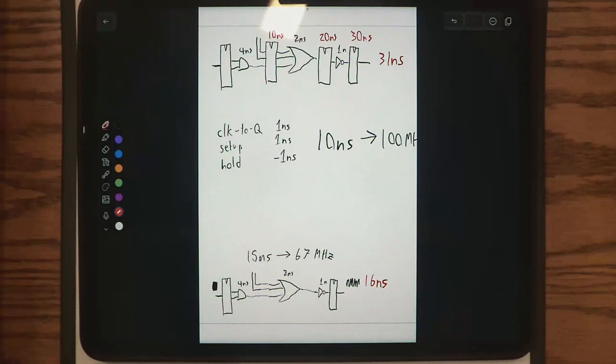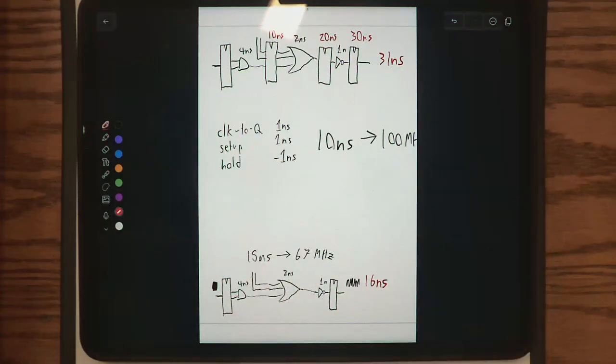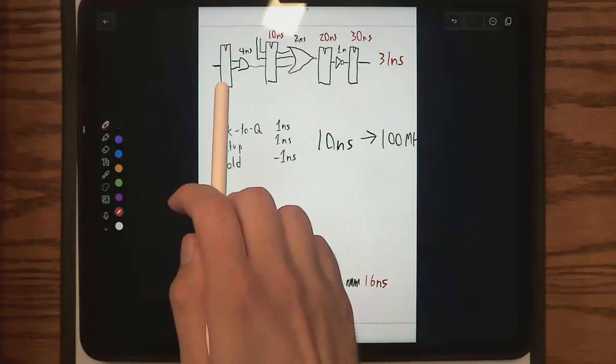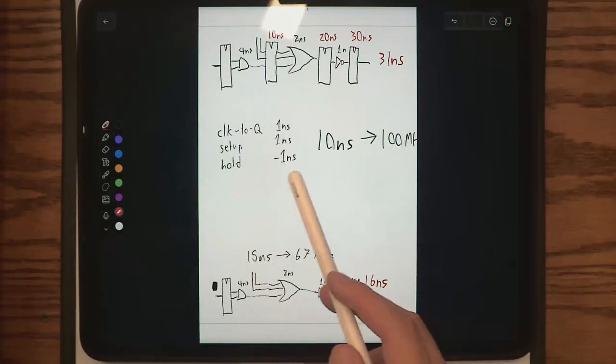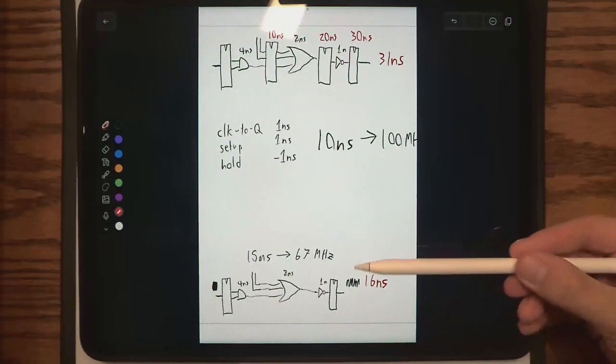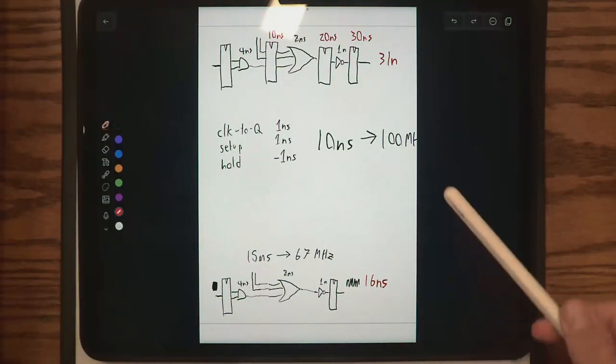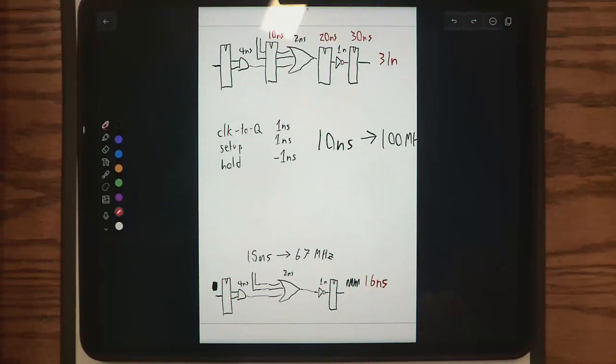Yeah, question? If you want your computer to run faster, wouldn't it make sense to have less latency? Well, a nice thing is, if you remember on the pipelining question in the homework, there's actually a question about throughput. If you have this clock frequency of 67 megahertz, that means the fastest you can feed in data and the fastest you can receive data is only 67 megahertz. But up here, the fastest you can feed in data is actually 50% higher, at 100 megahertz.